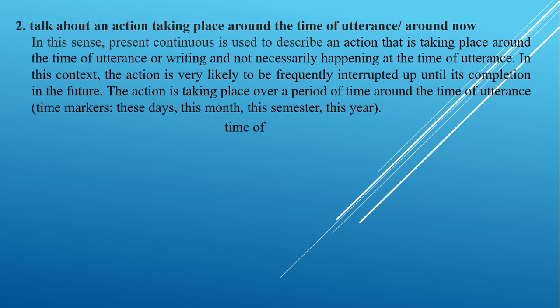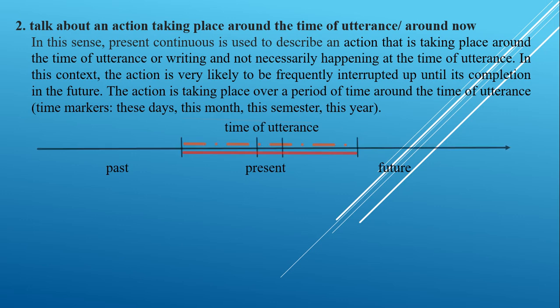To get a clear picture, we have the timeline here. And this timeline is quite different from the first timeline for the first usage, because we have two types of lines here. The first one is a straight, unbroken line, and the second one is a broken line.